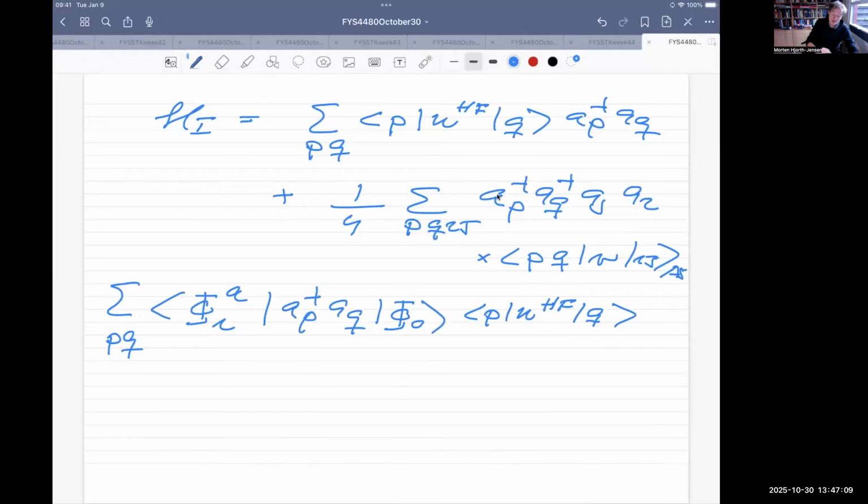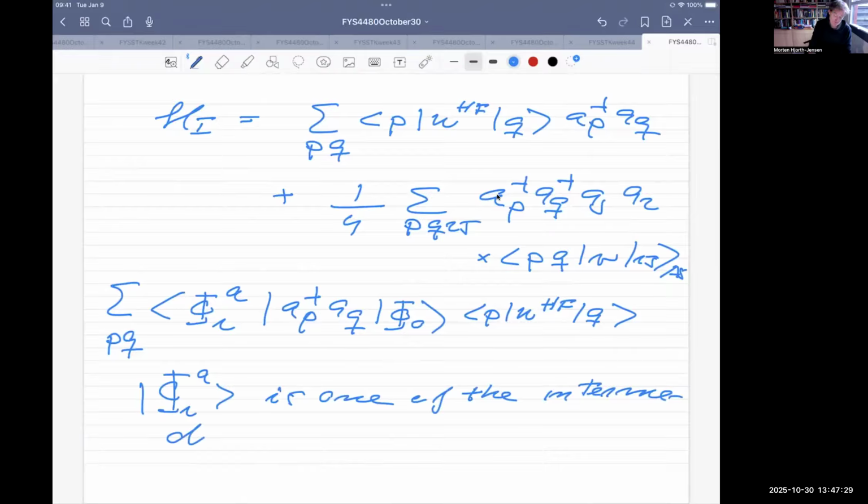Now, this ia is a given intermediate state. So phi_i^a, which we have here, is one of the intermediate states which we can make in this summation, where we set up Greek letters, and this runs from 1 to infinity, of phi_lambda.